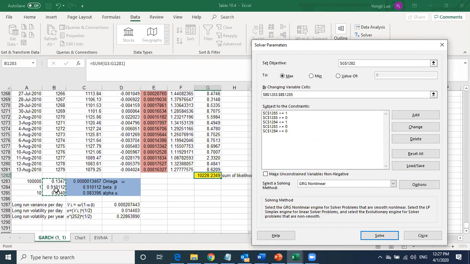For example, you can type in those numbers and then set the constraints. The first one is omega, which has to be positive.